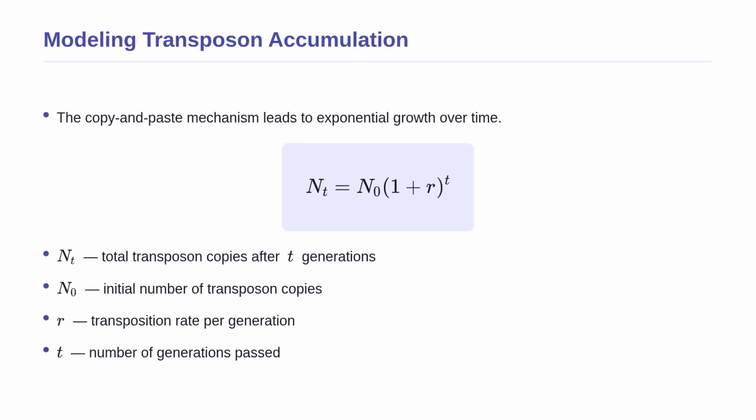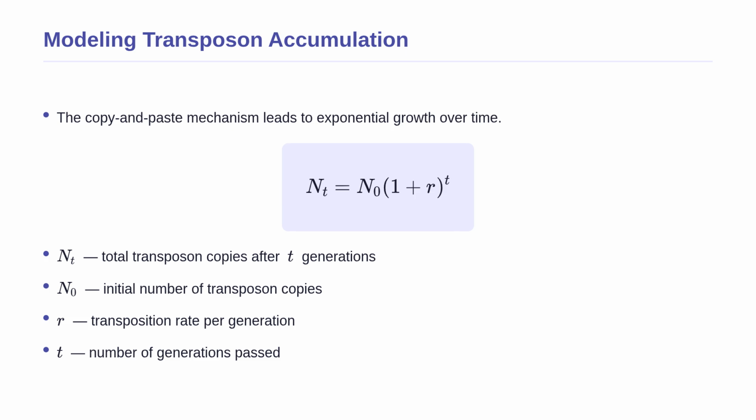Because the copy and paste mechanism leaves the original gene intact, it leads to a fascinating mathematical consequence: exponential growth. We can model this accumulation using a standard exponential growth formula. The formula is N_t equals N_0 times the quantity 1 plus r, raised to the power of t.